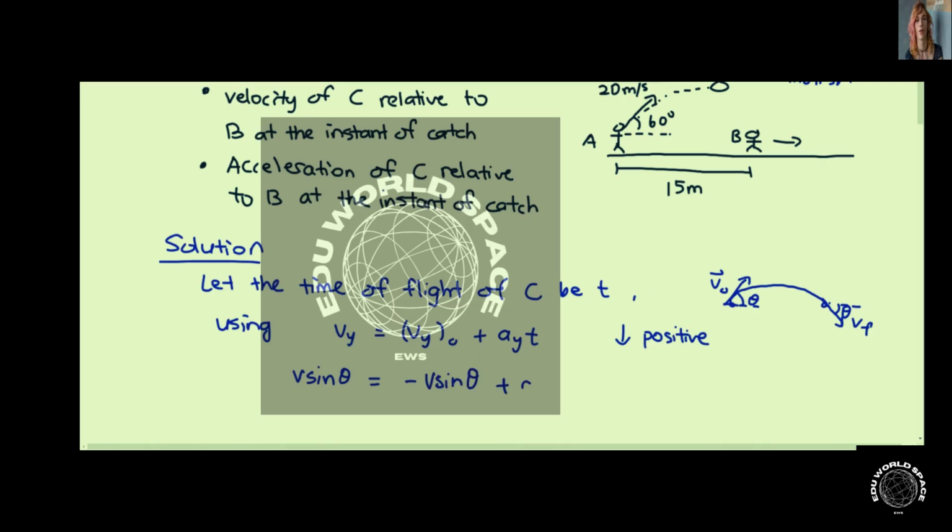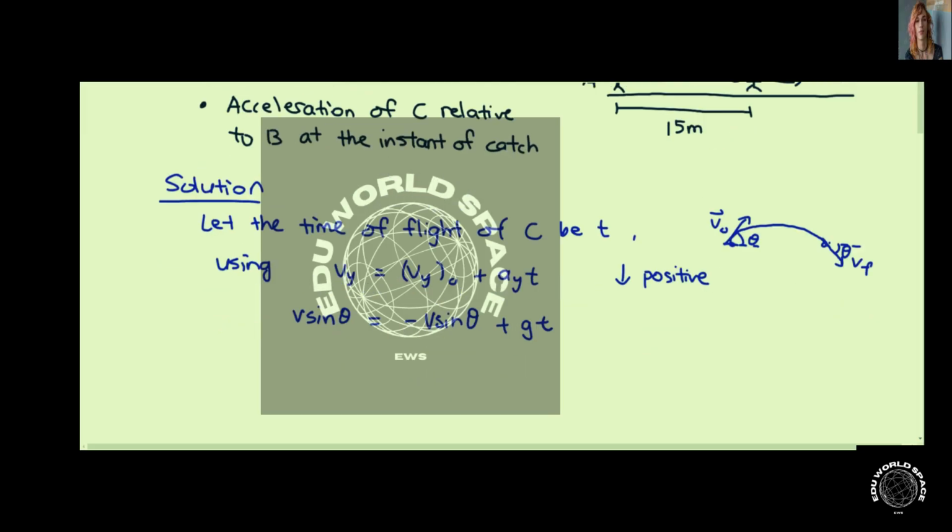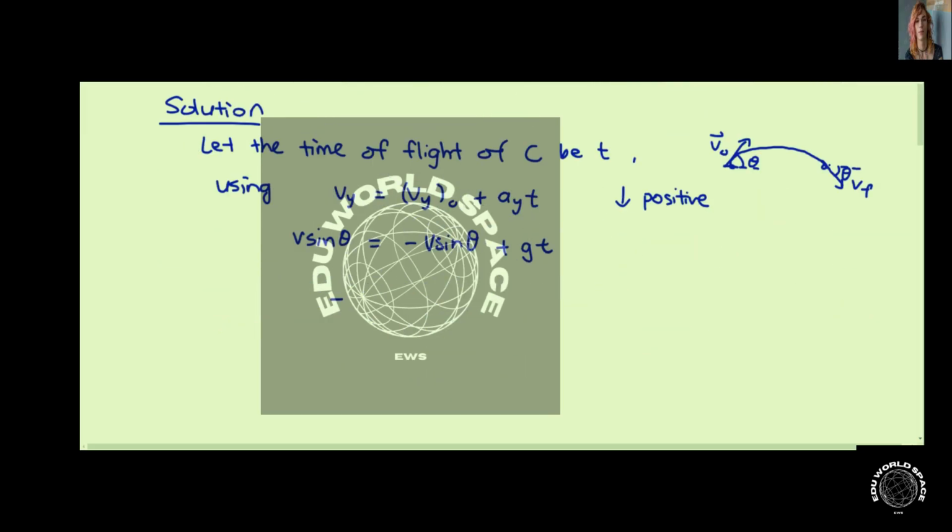Okay, so we can find t to be 2v sine theta over g. So 2 times 20 times sine 60 degrees divided by 9.8. And we calculate this t, it is 3.53 seconds.